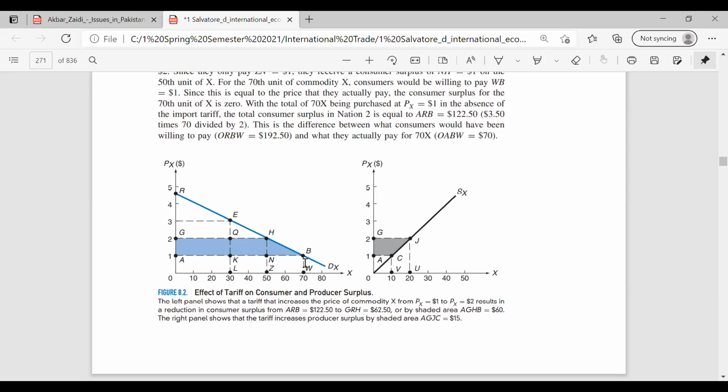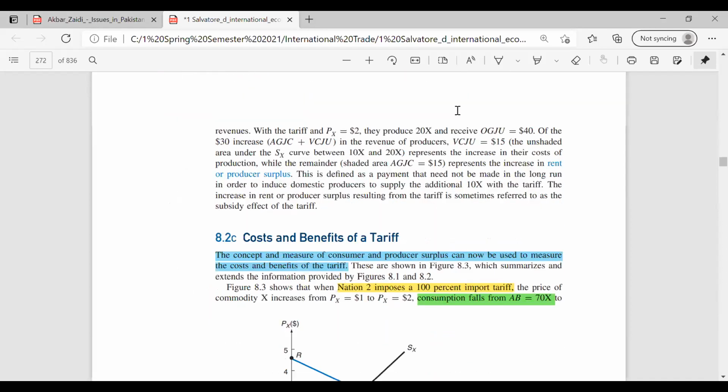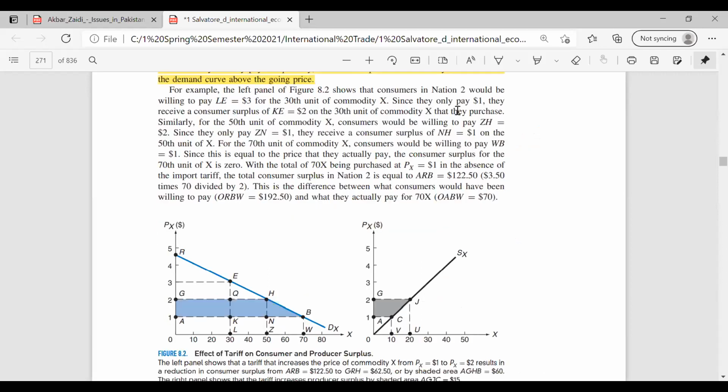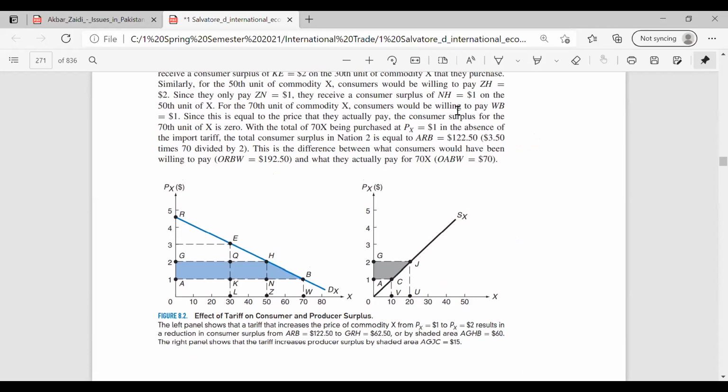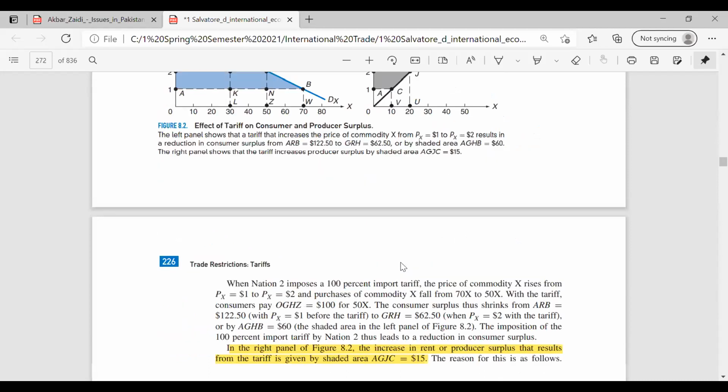So consumer surplus has decreased by about $60, and producer surplus has increased by about $15, which is received by the domestic producer. In the left panel of this figure, the decrease in consumer surplus is shown, and in the right panel we see the increase in producer surplus.